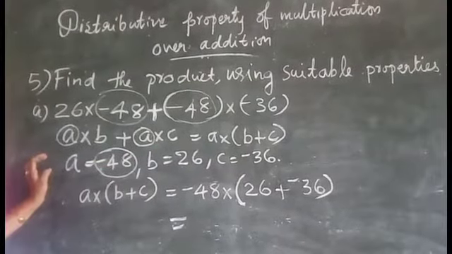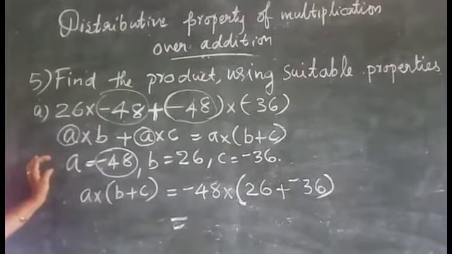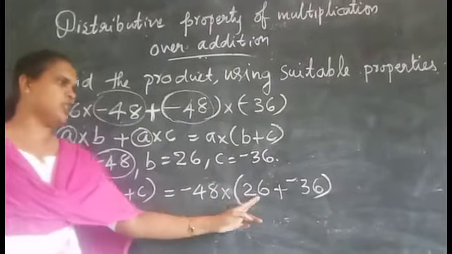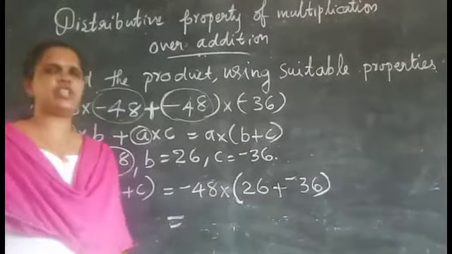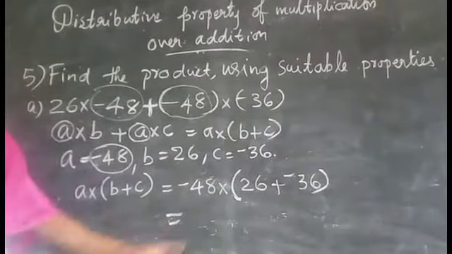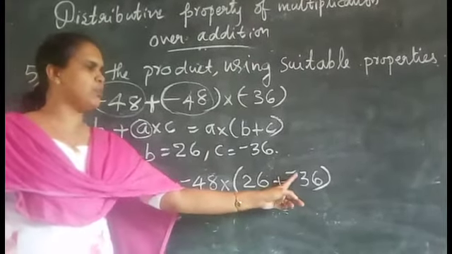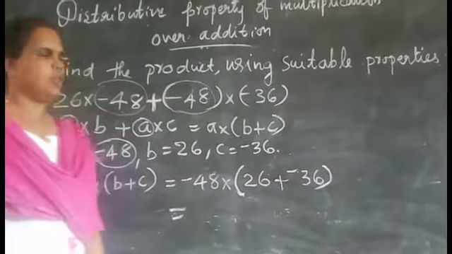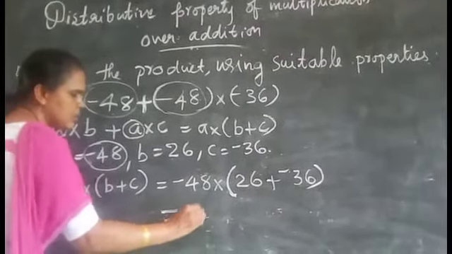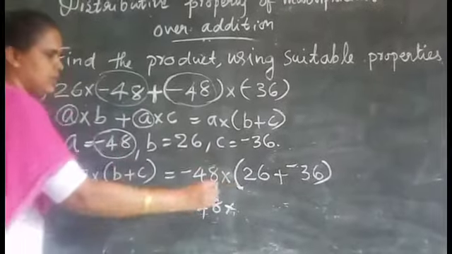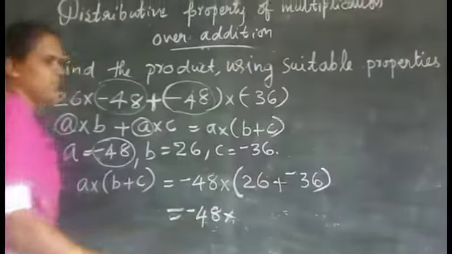First, you do the calculation inside the bracket. What is inside the bracket? 26 plus negative 36. One is positive, the other is negative, so you can subtract and put the sign negative. What is the difference of 26 and negative 36?